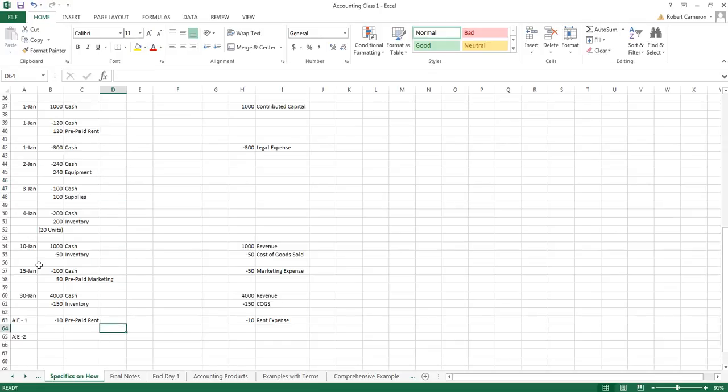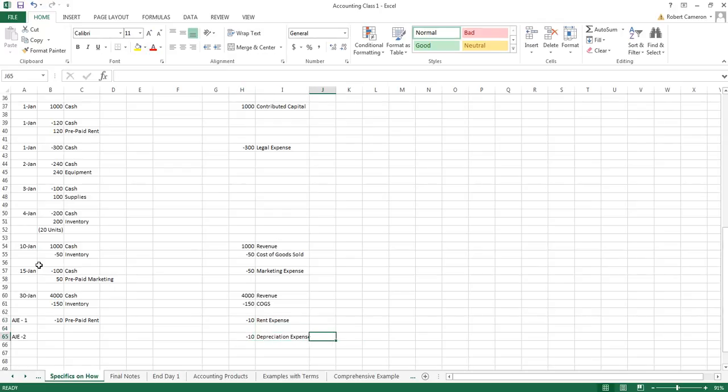So as you can see right now, going to -10, and we're going to call this depreciation expense. Why? Because this is an asset, we're not paying anything, but it's depreciated. Depreciation just sort of means used up. Of this usefulness of this asset, we've used up $10 worth of it.